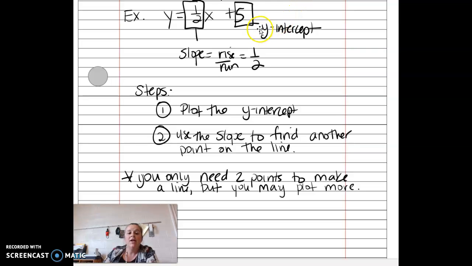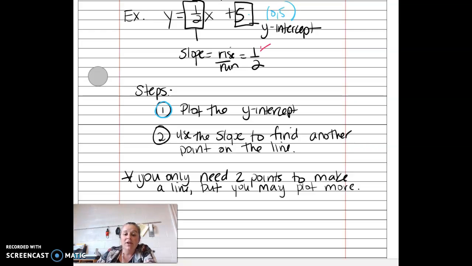So if I were to pick a color here, pick this blue color, my first step would be to plot this point 0, 5. From there, you're going to use your slope, which I'm going to use a different color, to find another point.